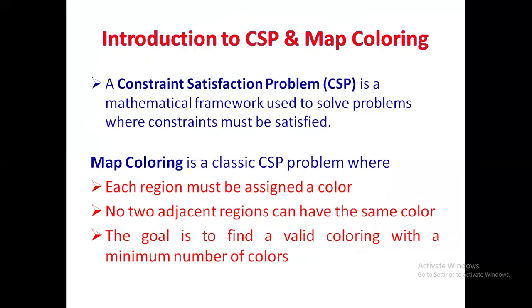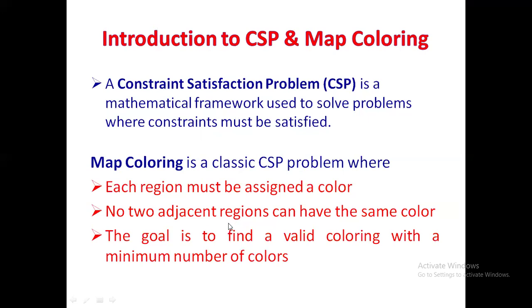A constraint satisfaction problem, CSP, as we have already discussed, is a mathematical approach to solving problems that involve multiple constraints. Map coloring is a well known CSP problem where each region on a map must be assigned a color while ensuring that no two adjacent regions share the same color.